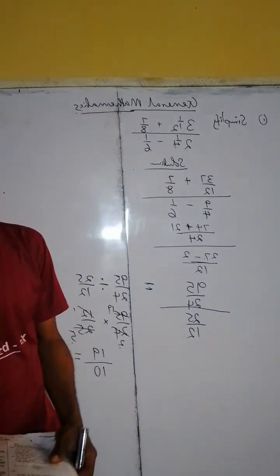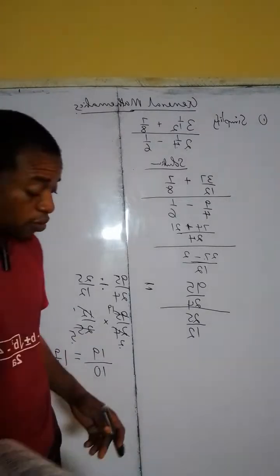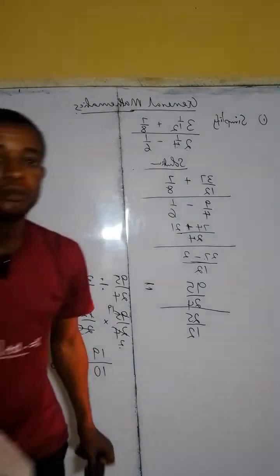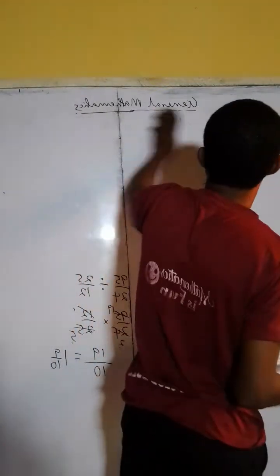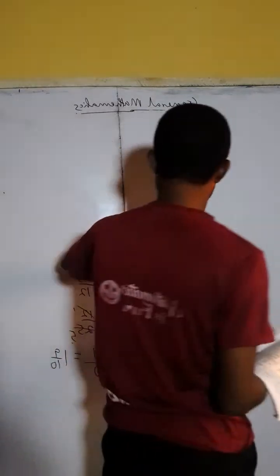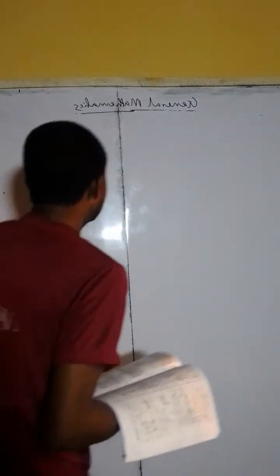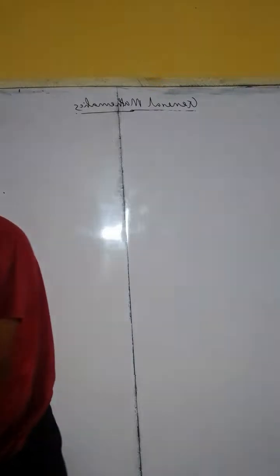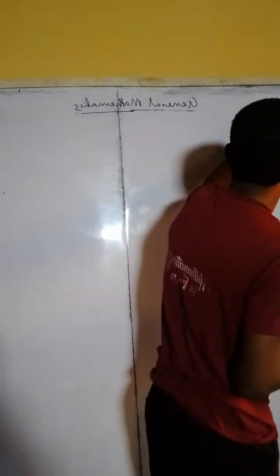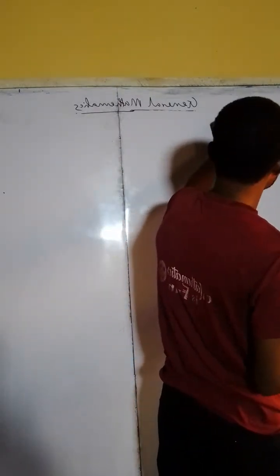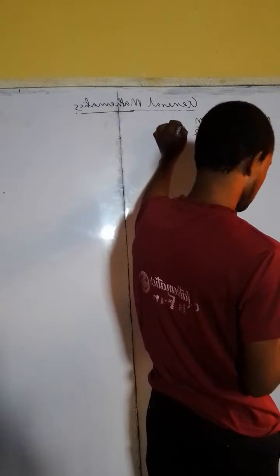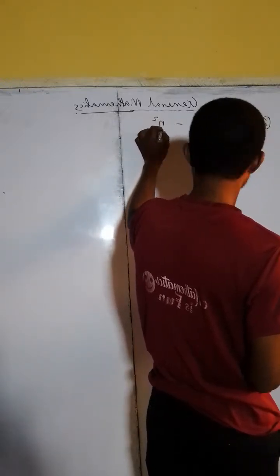The next question here, we are given, number 2 question here, if P is equals to m over 2 minus n square over 5m.